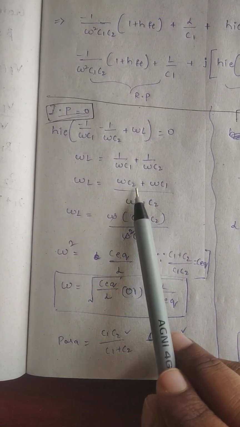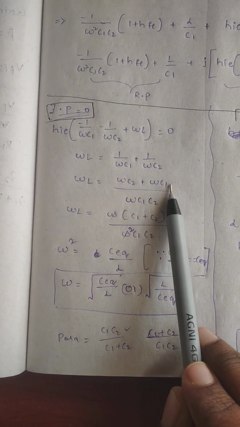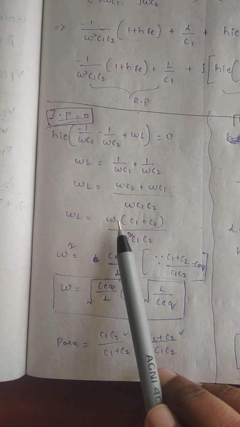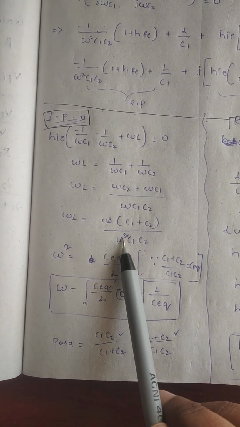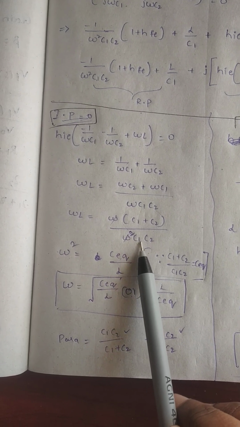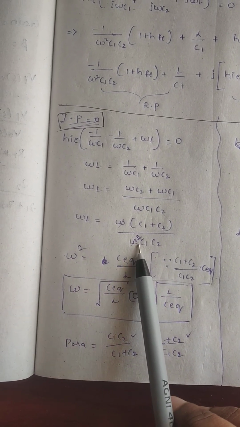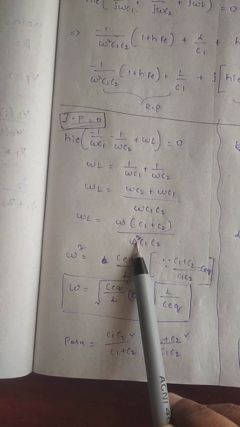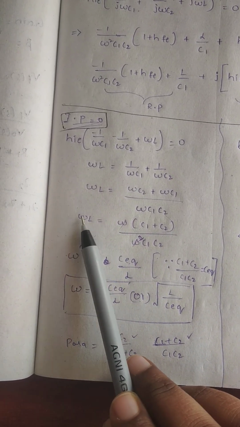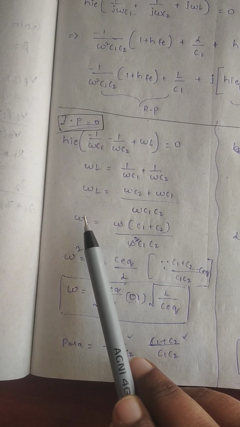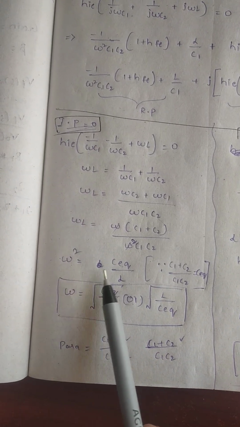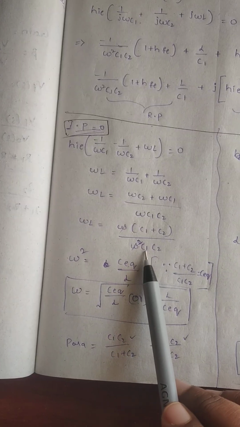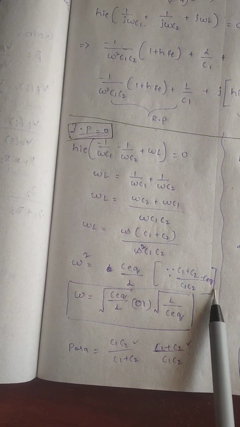When we take omega common from the numerator, we cancel one omega and here omega square remains, C1 C2. Omega square is equal to (C1 plus C2) by C1 C2 into 1 by L, which is C equivalent.